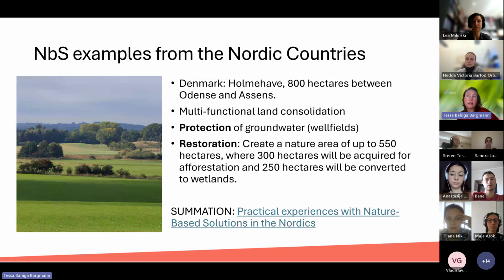Then I've chosen this example from Denmark. It is land protection and restoration. But the interesting thing about this for me is that the solution in a way is multifunctional land consolidation. So basically what this means is that they talk to all the different landowners and create a more connected landscape, to reduce fragmentation within this area.